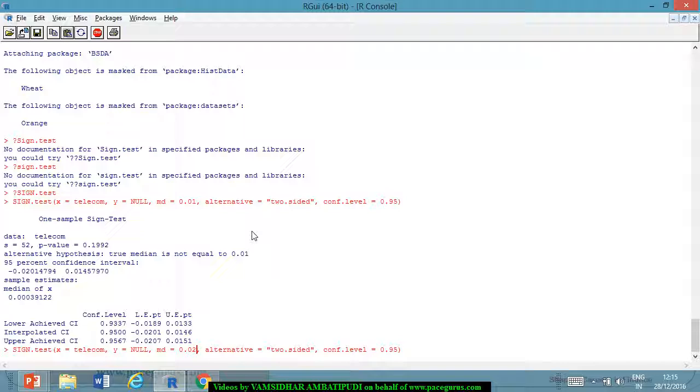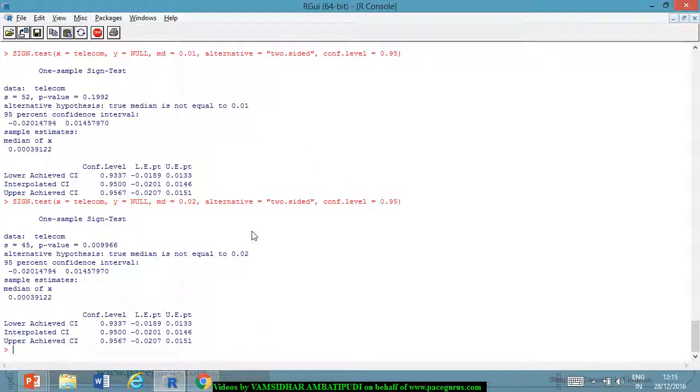When I said the hypothesized median is 2%, I could see that the p-value is 0.99%, which is lesser than 0.05 or 5%, which means I have to reject the null hypothesis, taking my decision in favor of alternate, saying that the sample median is not equal to the population median or the hypothesized median of 2%, because the 95% confidence interval is in this range. What I have specified is beyond the range, so the null hypothesis gets rejected.